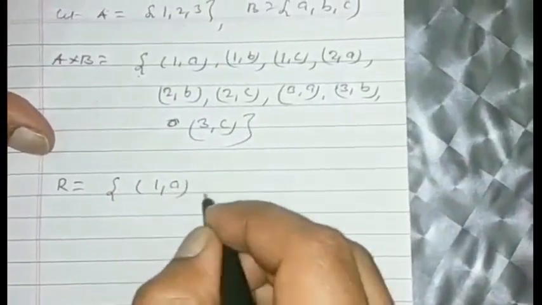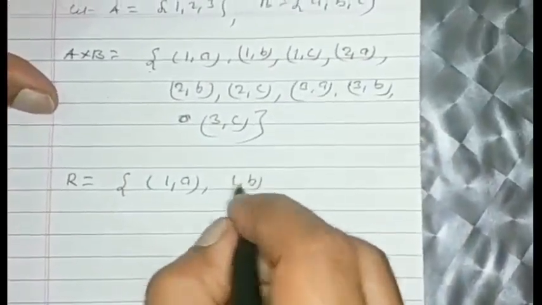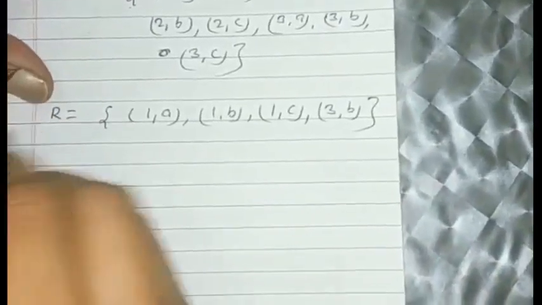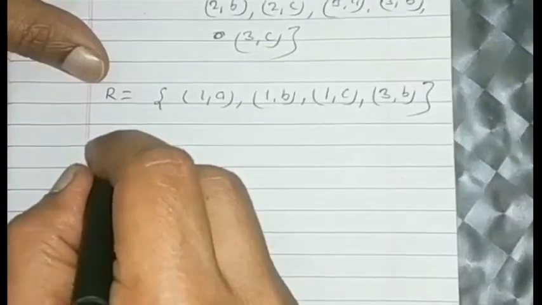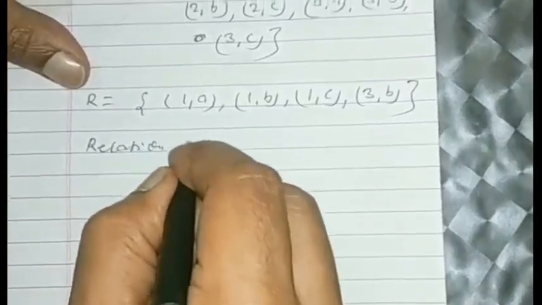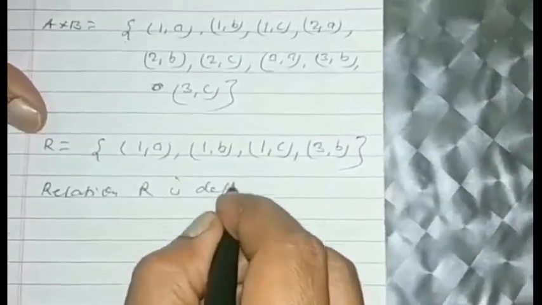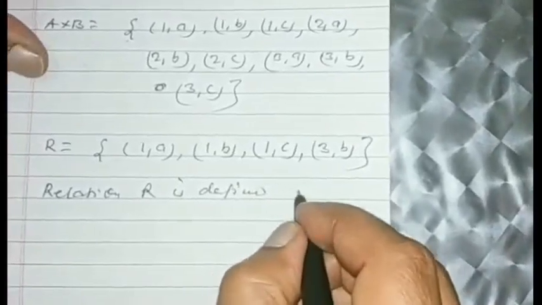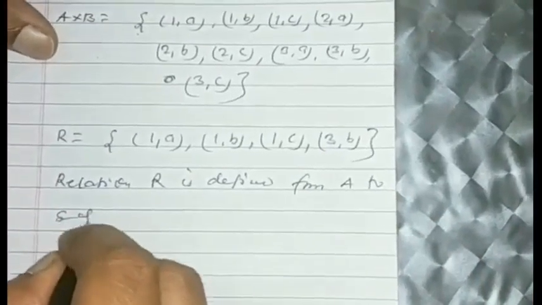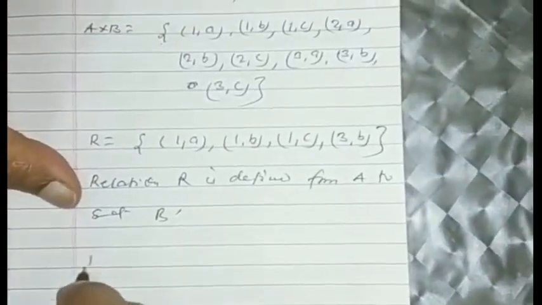Suppose this is the relation defined on A cross B. This is the relation R defined from A to B. Any relation R is defined from set A to set B.